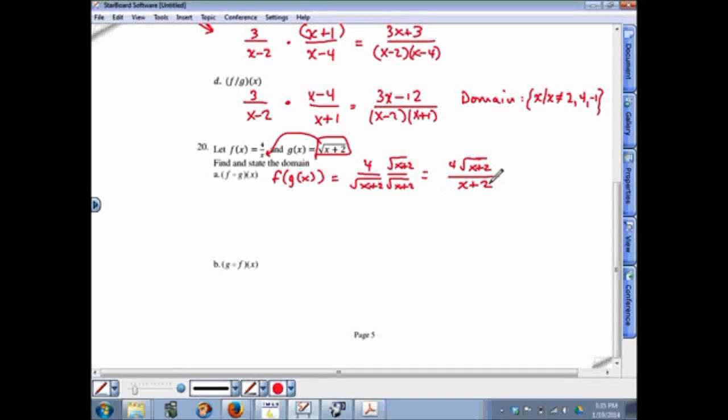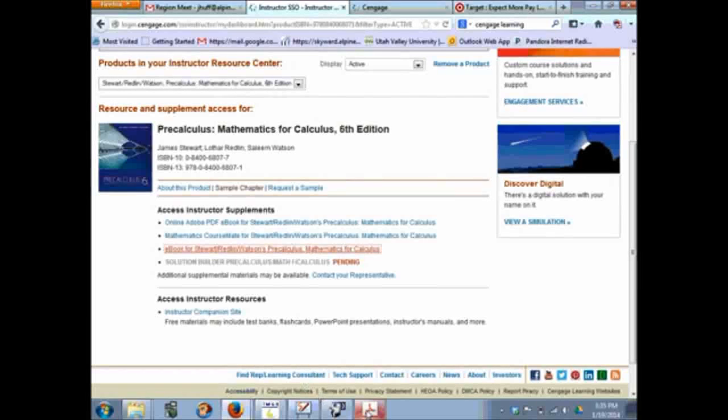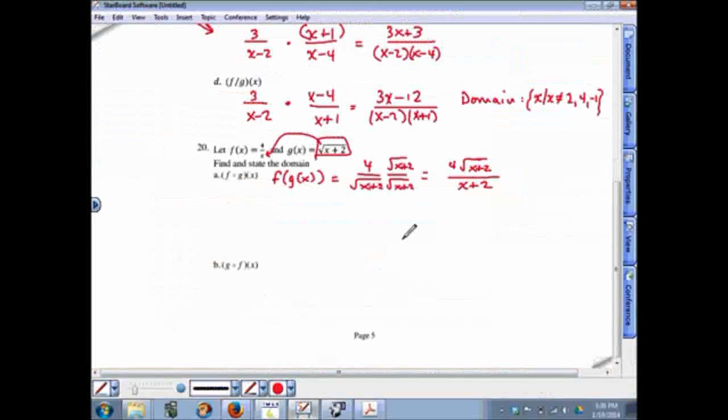So when we consider now this domain, there's two things we have to consider here. First of all, this is written in the form of a fraction, so we have an excluded value here. X can't be -2. But in the numerator, we also have a radical.